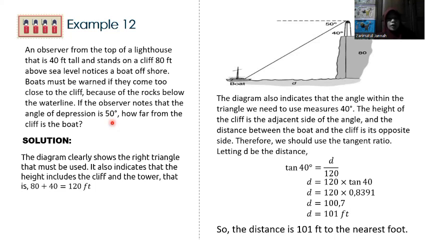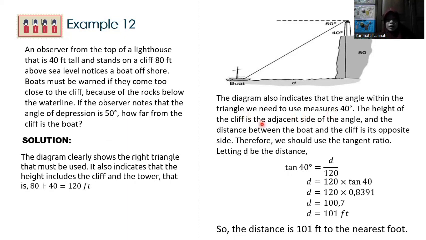Solution: the diagram clearly shows the right triangle that must be used. It also indicates that the height includes the cliff and the tower. That is, the height is 80 plus 40 equals 120 feet. The diagram also indicates that the angle we need to use measures 40 degrees.